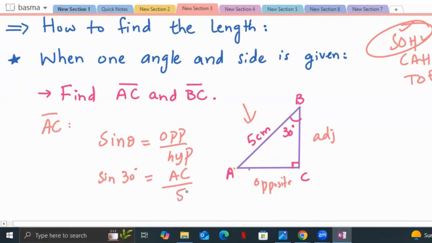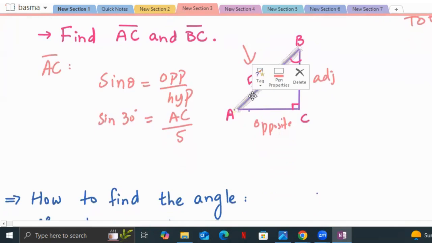Now you just need to simplify the fraction and get your AC. So 5 is getting divided with AC. When you move it to the other side of the equation, it gets multiplied. So 5 gets multiplied with sine of 30, and that is going to be your AC.